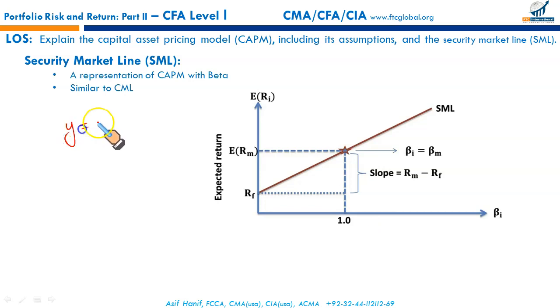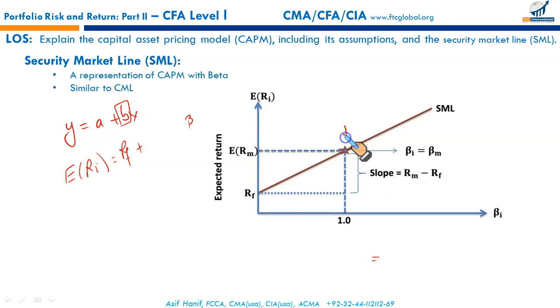So let us derive the CAPM. We know y is equal to a plus bx. That's the linear function, linear equation. On y we have the expected return on the asset. A represents the risk-free rate, that's the y-intercept here. X here is the beta. And now we need to calculate the gradient. Now how do we do that?